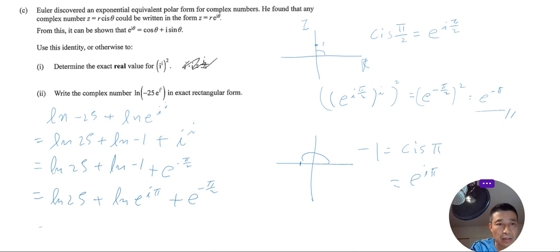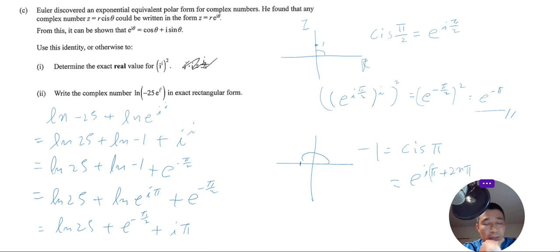Now, I'm going to sort them out. So ln 25 plus e to the power of negative pi over 2 must be the real part, and then comes i pi. Hold on. I believe we have to say, instead of just i pi, because it can repeat, pi plus 2n pi, isn't it?